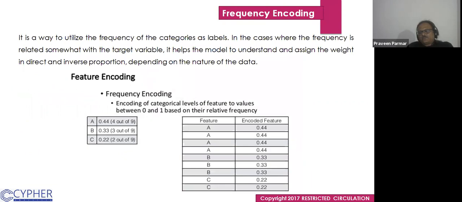Now the frequency encoding. It is a way to utilize the frequency of the categories as labels. In the case where the frequency is related somewhat to the target variable, it helps the model understand and assign weight in direct or inverse proportion depending on the nature of the data. If you calculate this all, what will you get? 0.44, 0.33, 0.22.